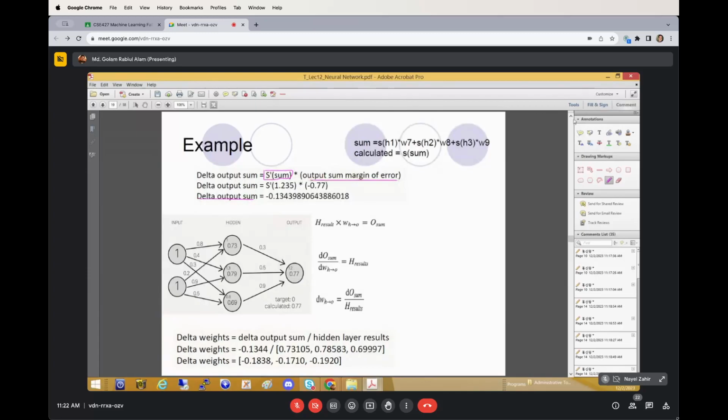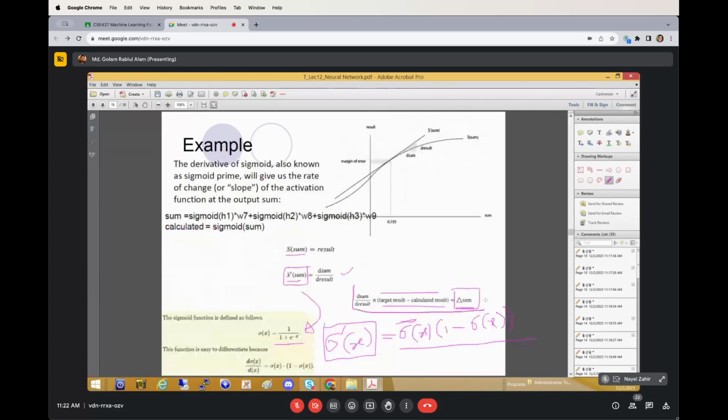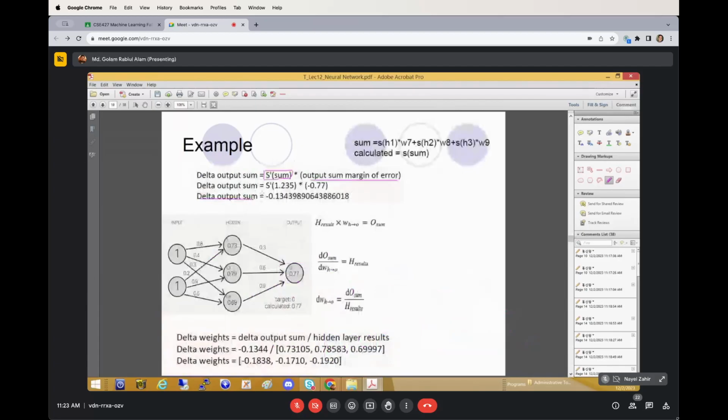From this equation, delta output sum is the derivative of the sigmoid of the sum, because d sum by d result is the derivative of the sigmoid of the sum. And here is the target result minus calculated result. This is our error. And then we will get delta output sum, delta of the output units of summation.